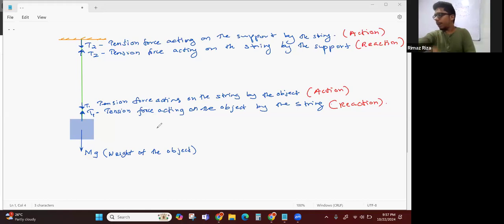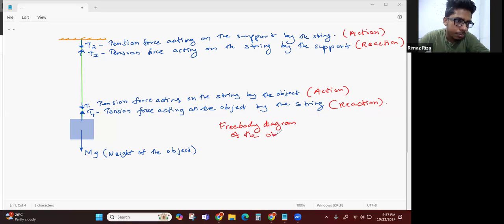Now I'm going to consider the free body diagram of the mass and the string separately. So, free body diagram of the object. Let's say this is the object. What are the forces acting on the object?